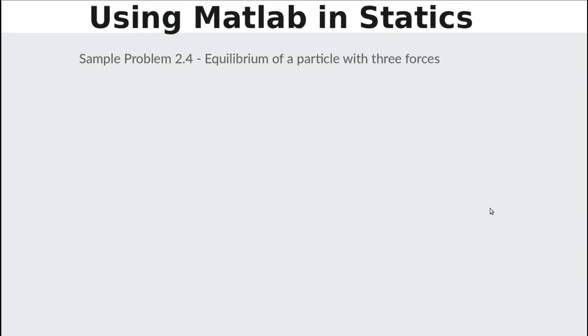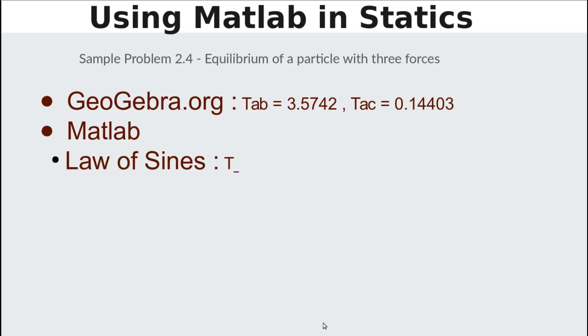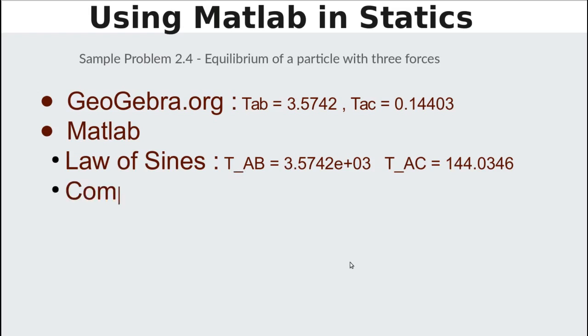So we've been using Matlab in statics to solve an equilibrium of a particle with 3 forces on it. I showed a geometric solution, or a graphic solution, that gave me answers in kips, just because I entered it that way. In Matlab, we showed using the law of sines to solve for TAB and TAC, and again we get the same results, only in pounds.